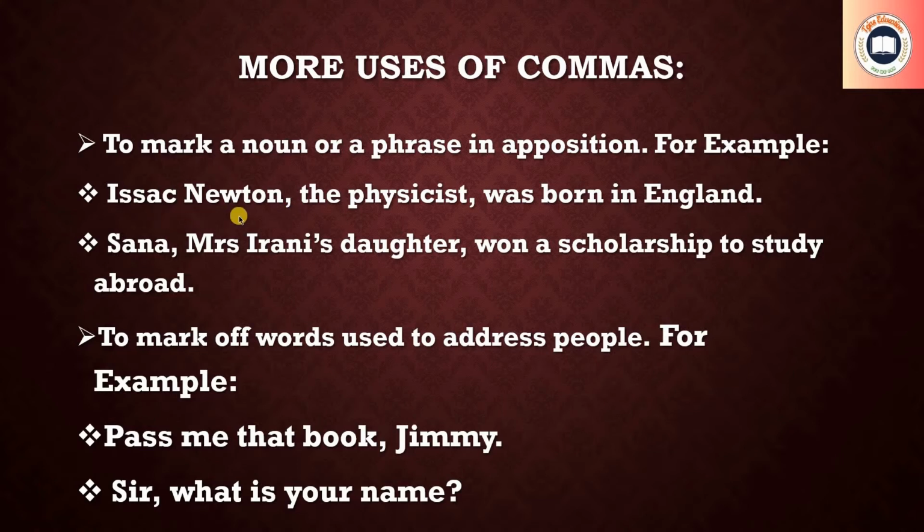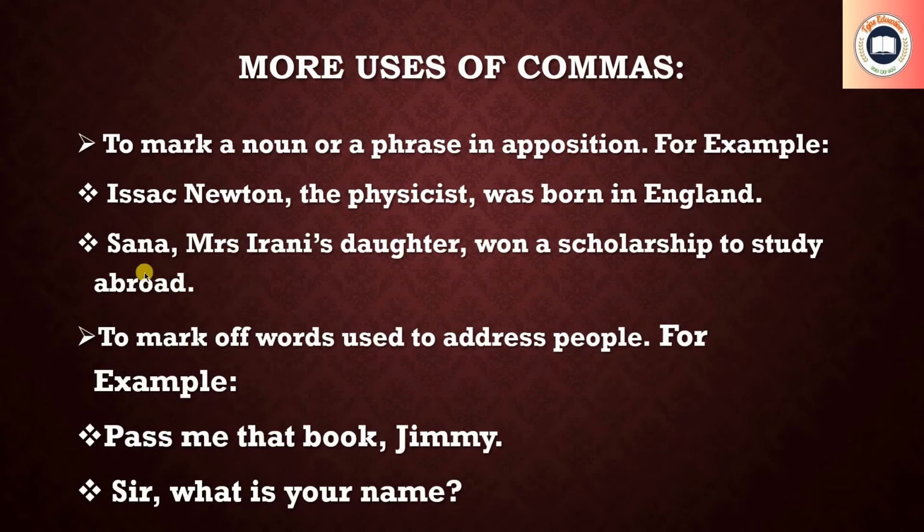Isaac Newton is the noun in the sentence and the physicist is the phrase. The noun Isaac Newton is being described by the phrase physicist. That is, Isaac Newton is a physicist. So I have placed a comma before and after the phrase. That is known as apposition.